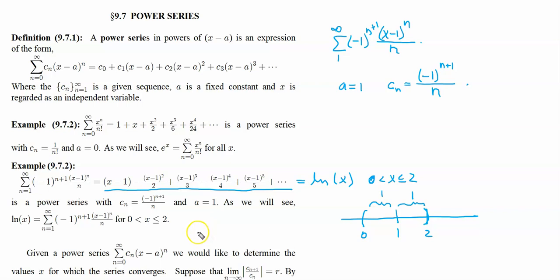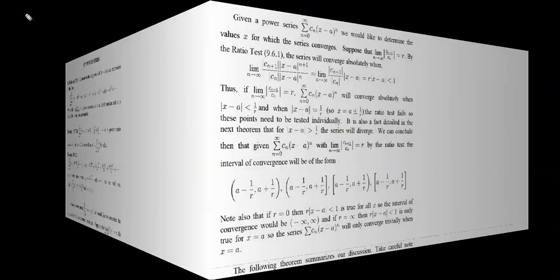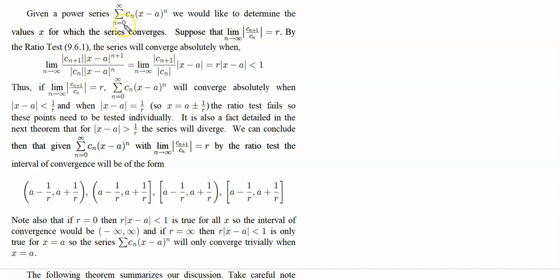Now let's discuss what we mean by radius of convergence for a power series. If we're given a power series like this, it seems natural that we would like to know for what values of x does this series converge and for which values does it diverge. Okay, so what we can do is use the ratio test to help us answer that question.